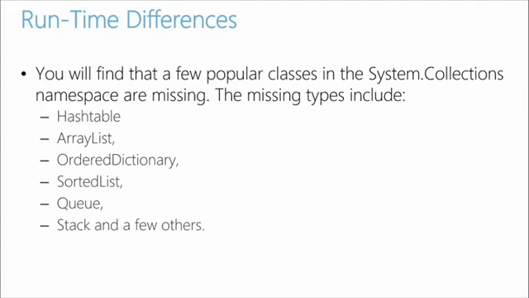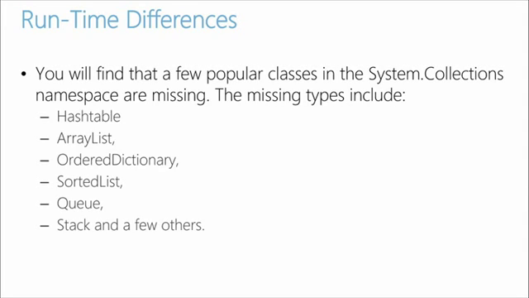Exactly. Okay, so some of the popular classes that you might be missing in the System.Collections namespace, because a lot of us use it, and I want to state this just one more time, that this is accurate as of time of writing. Check it. Make sure you double check it. Always verify this information. Worst comes to worst, you can just try it, and when it fails, then you know.